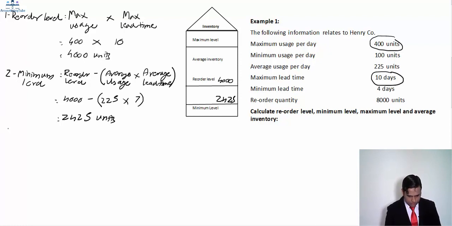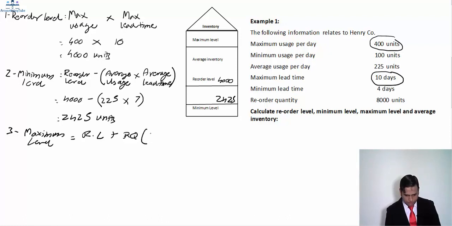Then we are computing maximum level. I'm using short form, that is reorder level plus reorder quantity. The formula is minimum usage multiplied by minimum lead time.